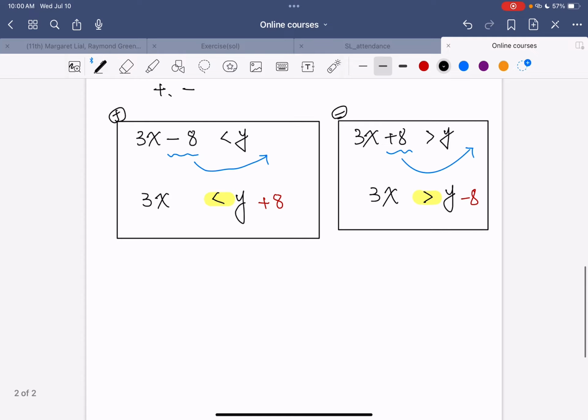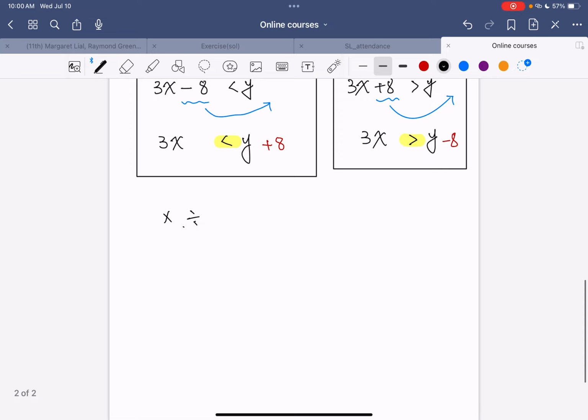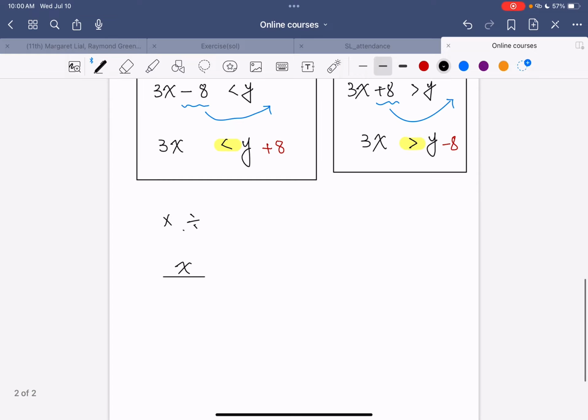And then let's see an example of multiplication and division. Let's say we have x divided by minus 7 is less than y.